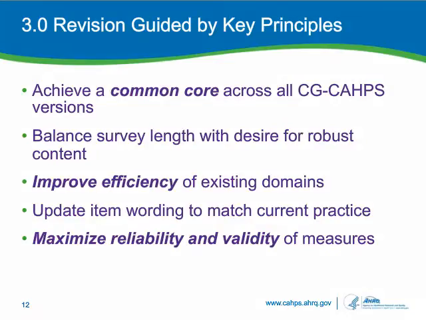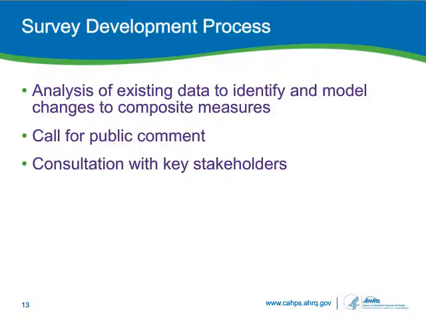So let's talk a little bit about how we went about making these revisions. We began with an analysis of existing data to identify and model changes to composite measures. And that data came from a variety of sources and reflected a broad base of populations, not just commercial, but also publicly insured.